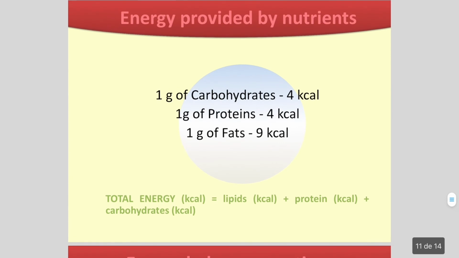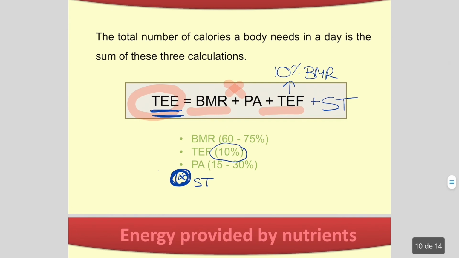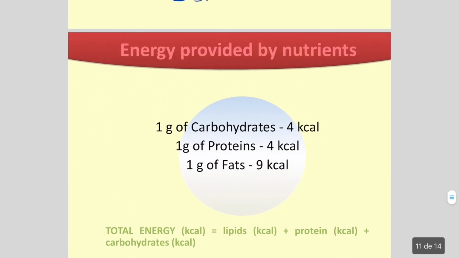By contrast, once we calculate the total energetic expenditure we need, this comes from the nutrients we eat. Remember, we have seen in Unit 2 that 1 gram of carbohydrates gives us 4 kilocalories. 1 gram of proteins gives us also 4 kilocalories, and 1 gram of fats gives us 9 kilocalories.